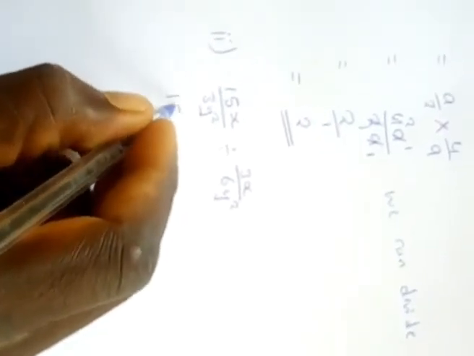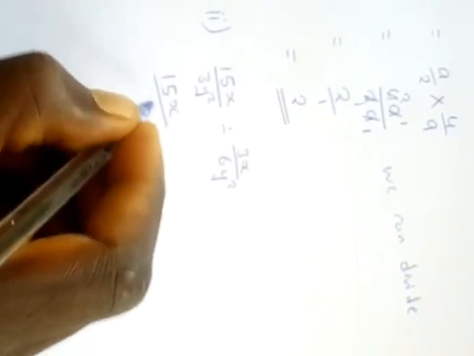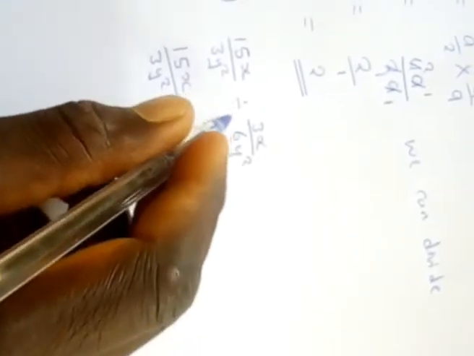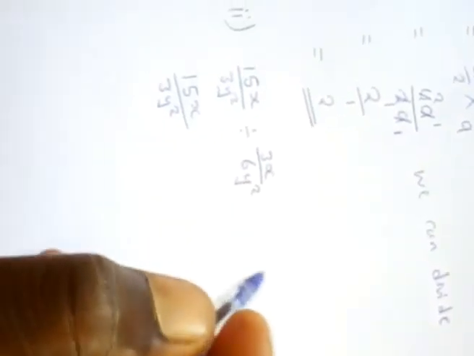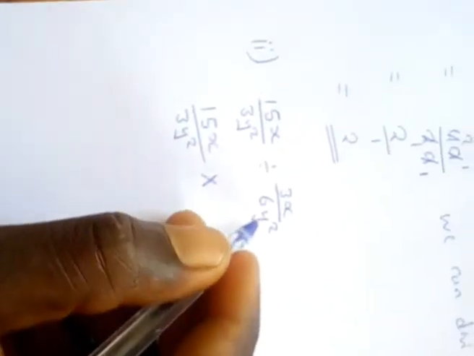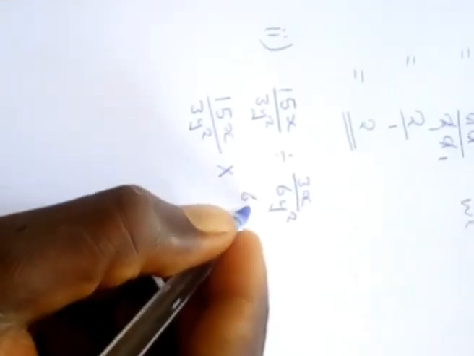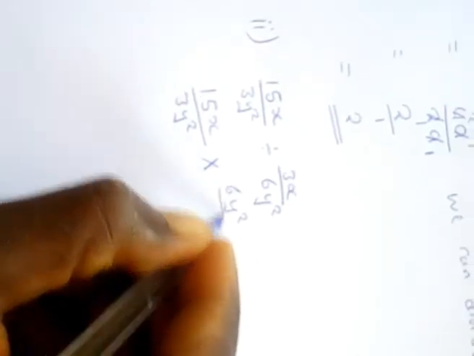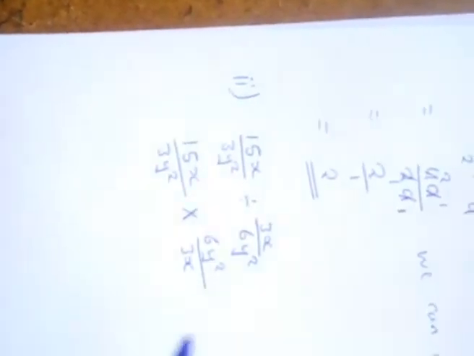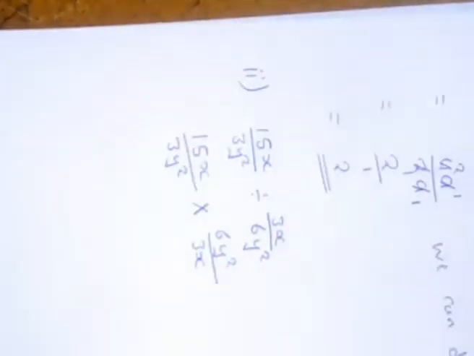The first fraction we maintain: 15x out of 3y to the power 2. We change the sign to multiplication as we invert the fraction after the division sign, so the denominator 6 becomes our numerator, with the variable there, out of the 3x, which was our numerator in the first question.